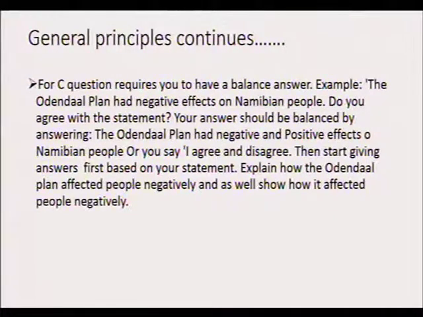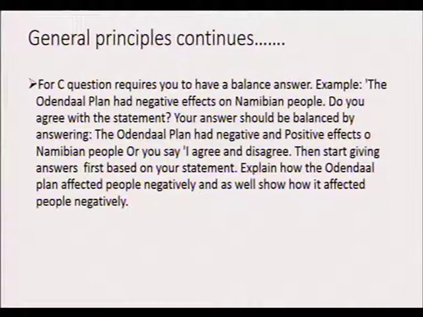When you come across such questions, after reading the question, you underline the given word, the negative, then you must bring in the opposite word of negative, which is positive. So in your answer, you should bring balanced answers by talking about positive and negative effects of the Odendaal plan on Namibian people.